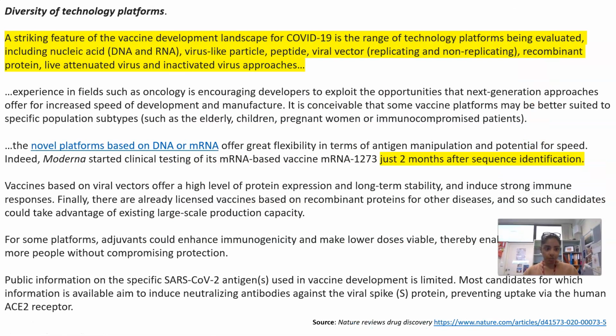From that article, I just pulled out some information that I felt was really pertinent to what we're learning about. The vaccine development for COVID-19 is using a range of technology platforms, including nucleic acid, virus-like particle, peptide, and viral vector recombinant protein technology.